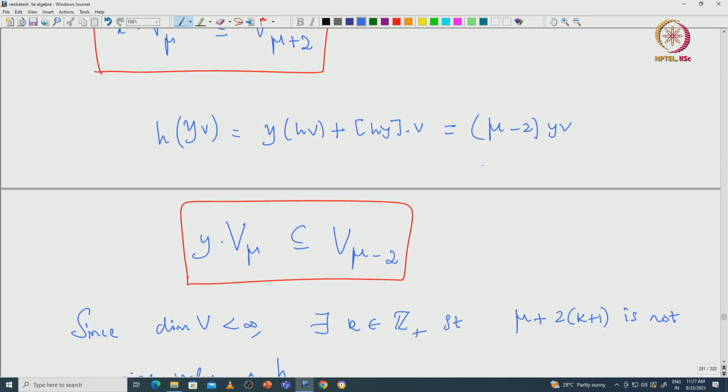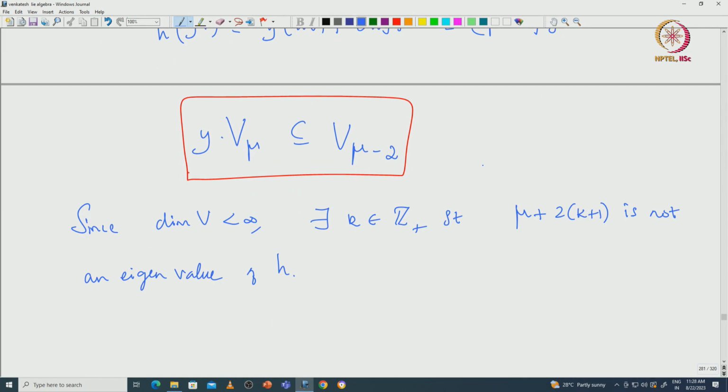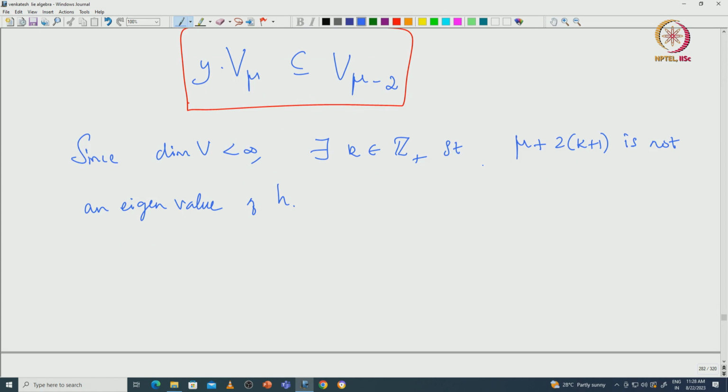So, recall this fact from elementary linear algebra: if you have vectors corresponding to distinct eigenvalues, then those vectors must be linearly independent. That is something one knows from linear algebra. I will leave it as an exercise to check. Suppose you have an operator T acting on V, and let us assume the dimension of V is finite.